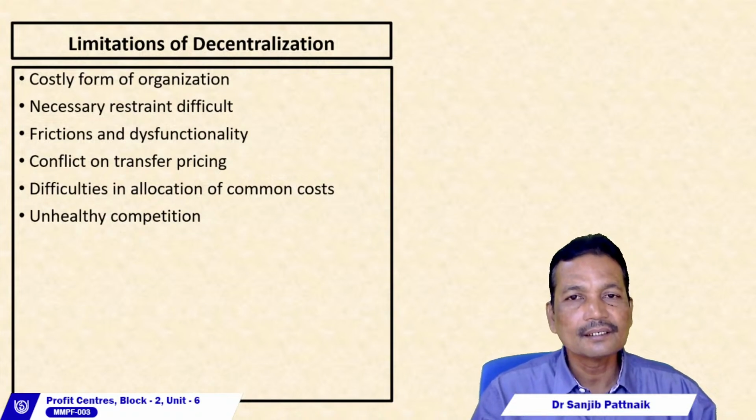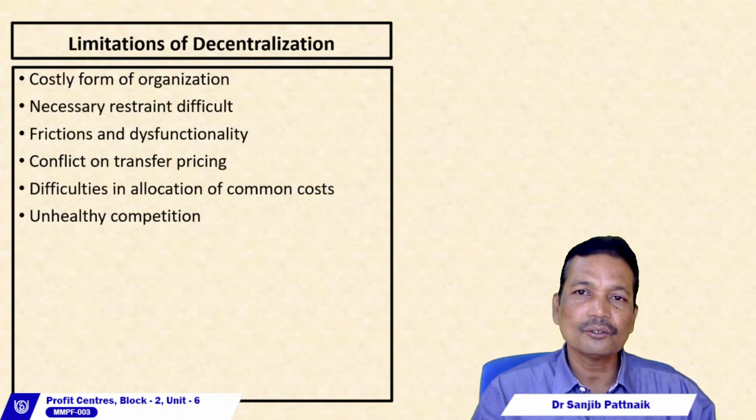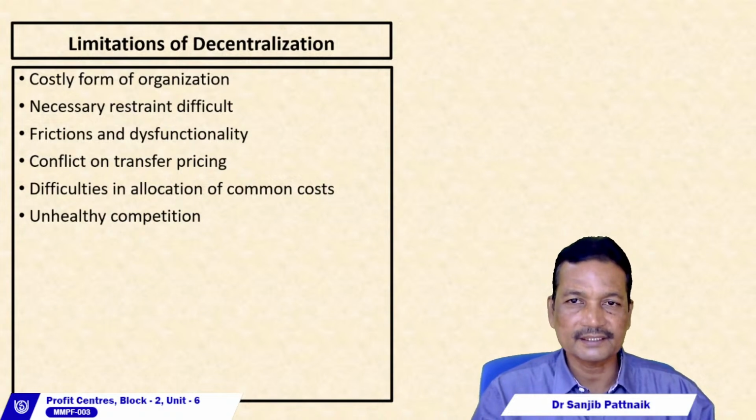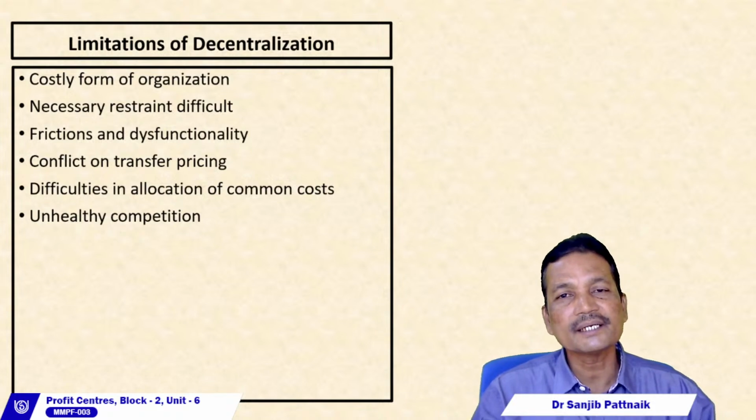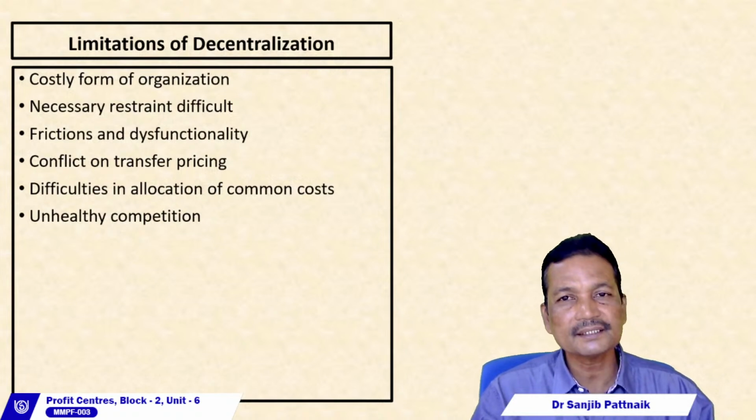So there the conflict of pricing arises, which is called transfer pricing, which is usually done by arm's length pricing. What is that arm's length pricing?